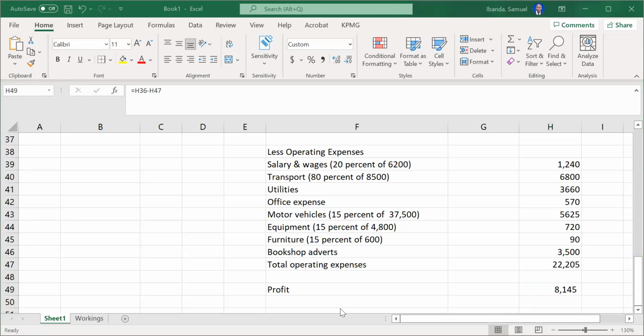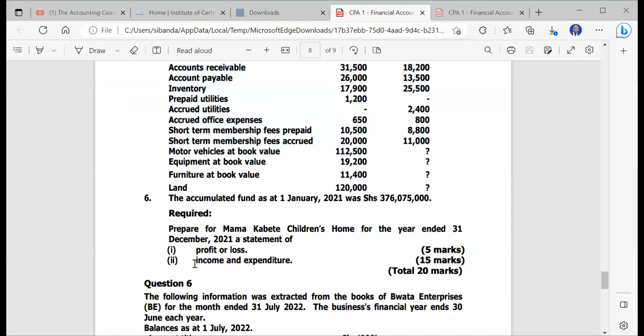Now, the examiner asked us to also draw up an income and expenditure account, and I just want to guide you on how to do it.